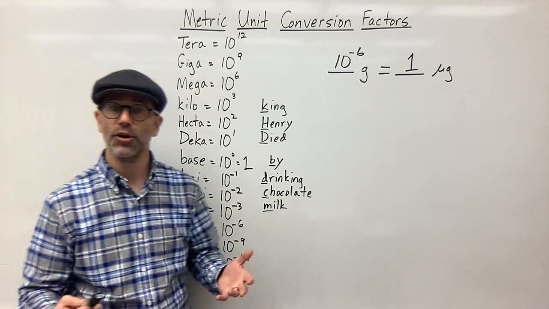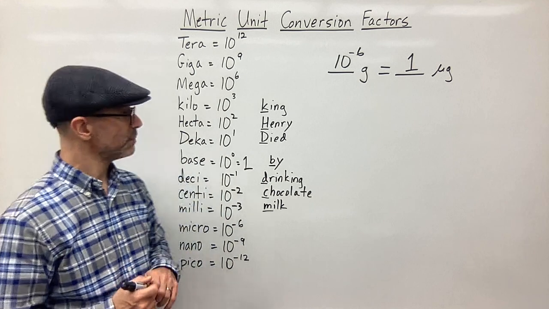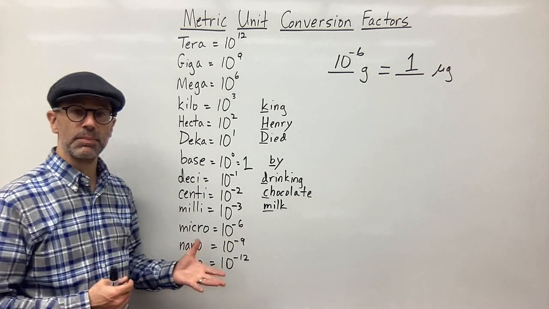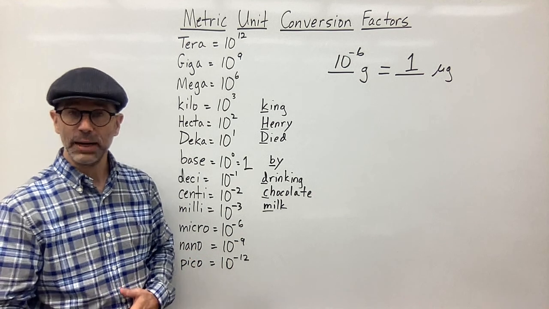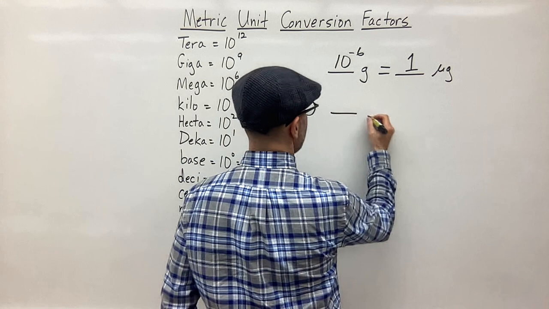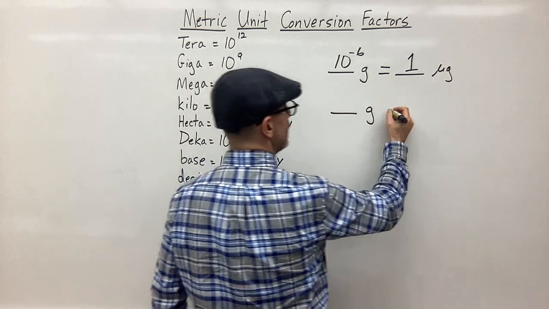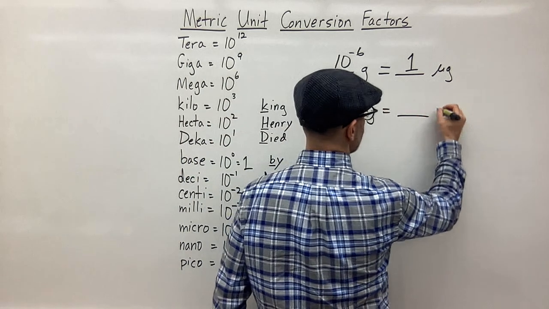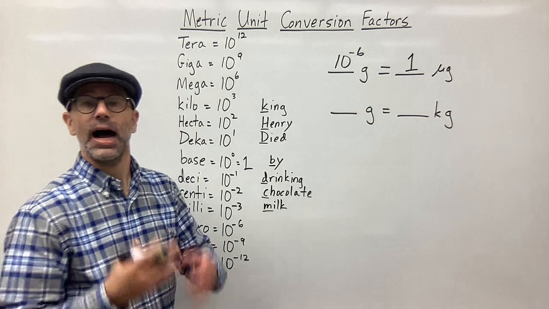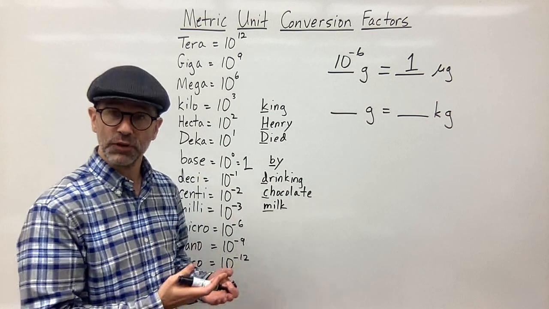So let me do another example just to make sure it's clear. So let's say I want to relate kilograms with grams, right? So I'm going to have my grams equal to a certain number of kilograms. Again, I'm going to put the 1 with the prefix unit.